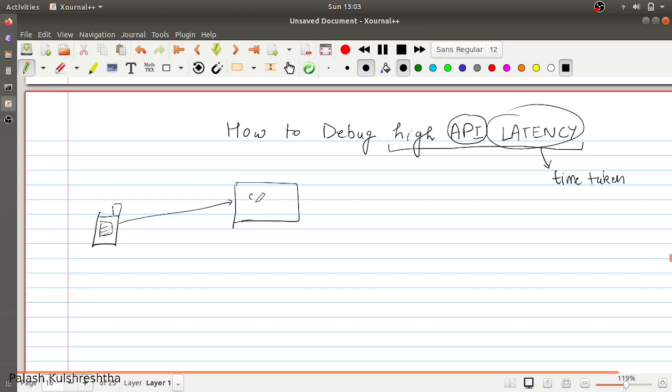Normally the API would respond in 20 milliseconds, but on a bad day when the latencies are high, let's say the API was responding in 200 milliseconds. So this is the case that we are trying to debug. How will we find out what is taking this 200 milliseconds, or what is the reason for this increase in time taken by the API to respond?